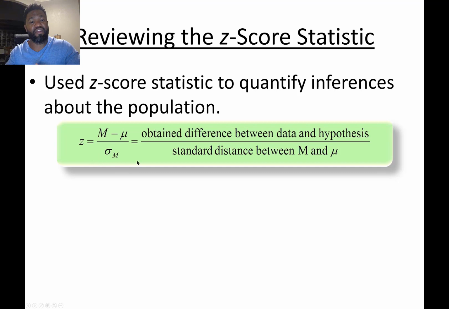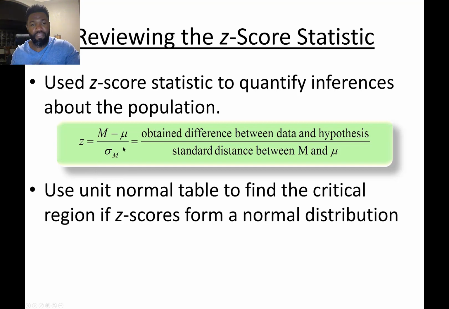Then we had to get the standard distance between M and mu, and the way we did that is that Dr. Hell typically would give you the population standard deviation. Then all you had to do was divide the population standard deviation by the square root of n if it was one of those problems in which you were doing a z-score with a group. But that formula always works even if it's a group of one, so either way, that's how you got z.